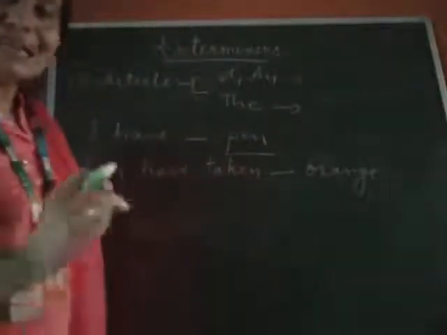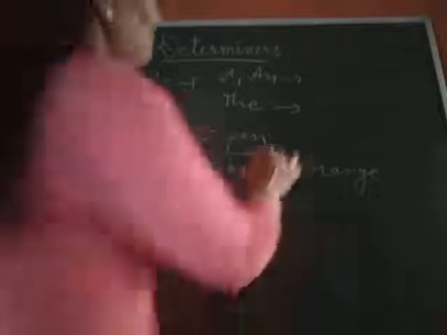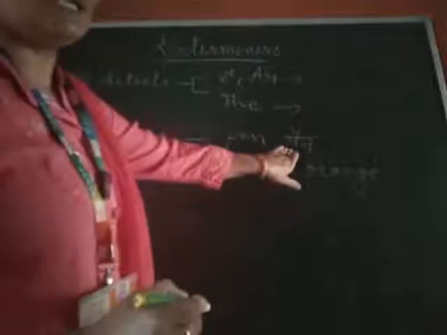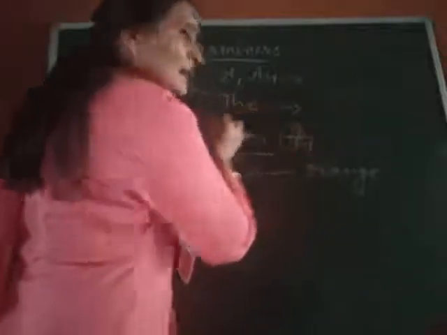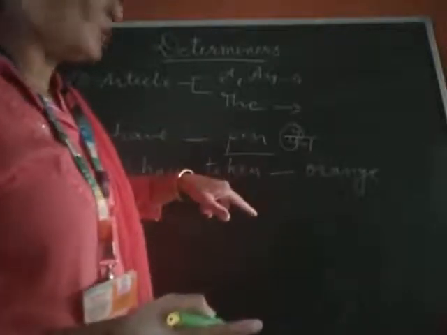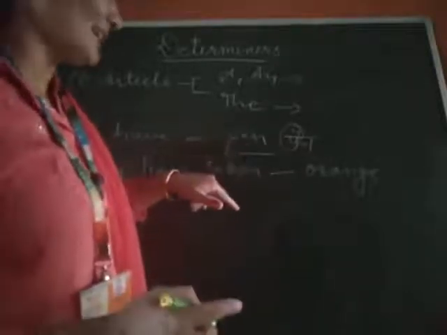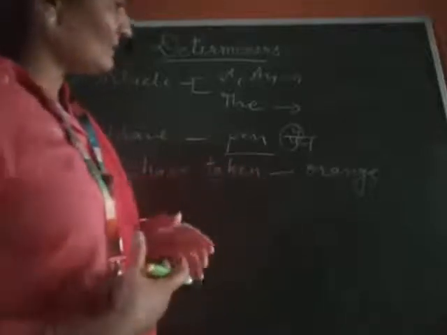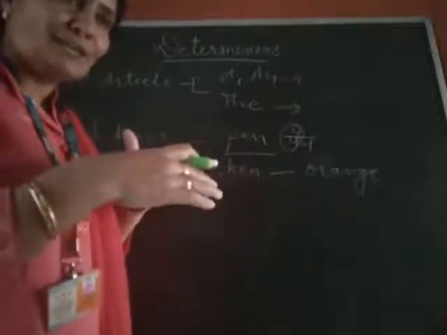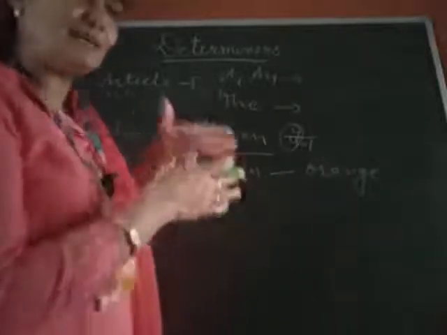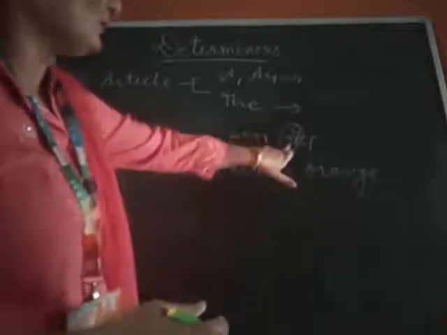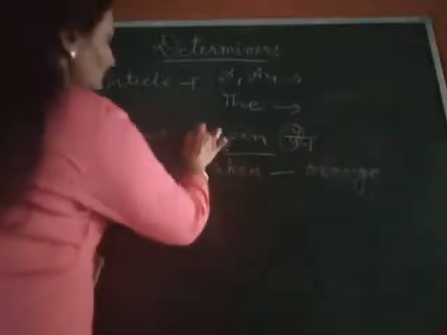Like, dear students, I have written a sentence: I have dash pen. Pen, it is P. It is a consonant in the English alphabet, and it is pronounced pen.